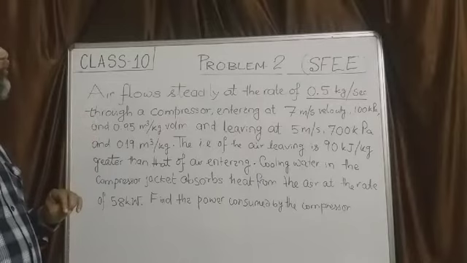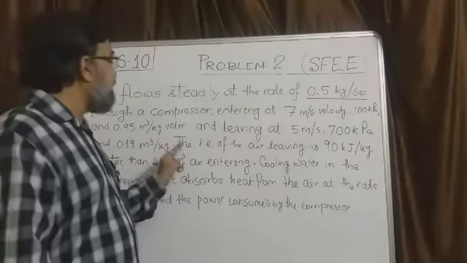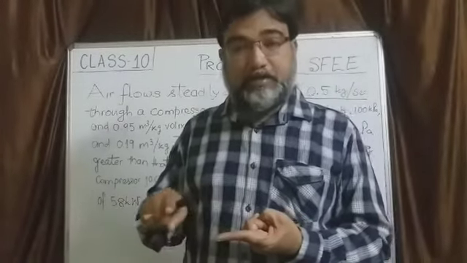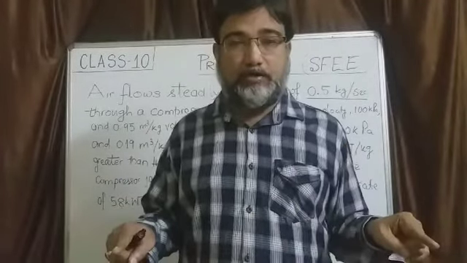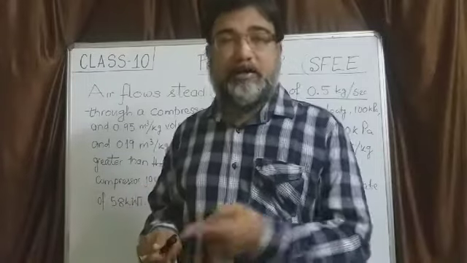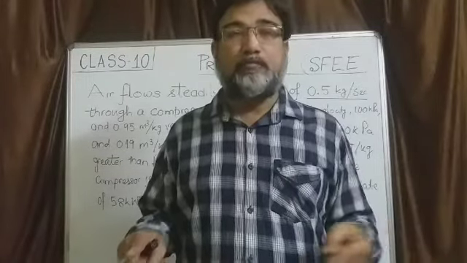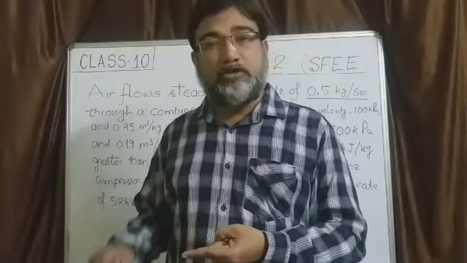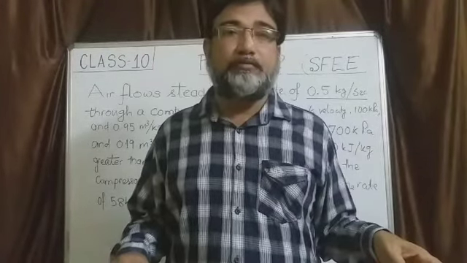So you are given the pressure at the inlet, pressure at the outlet, specific volume at the inlet, specific volume at the outlet, the velocity at the inlet and velocity at the outlet.